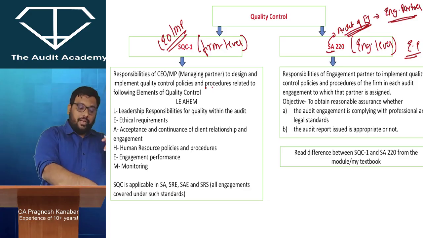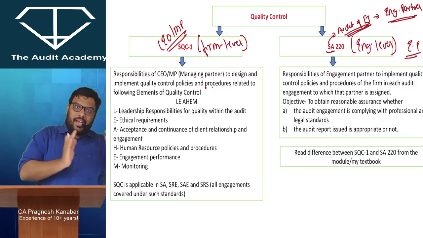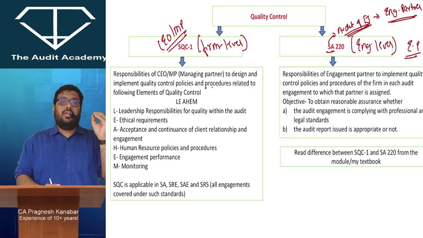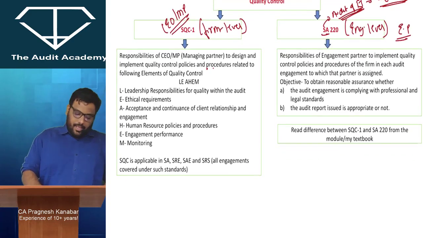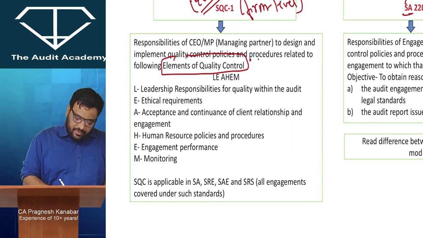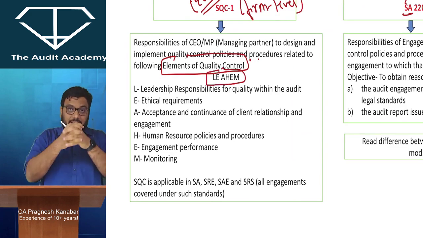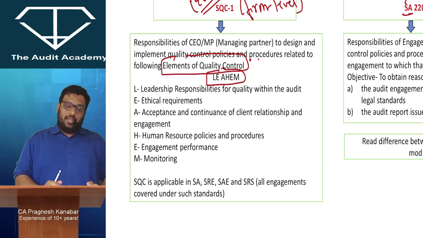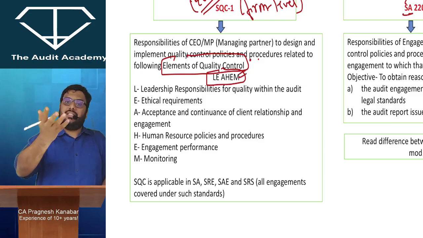All right. Now, how are you going to move ahead in this discussion? If you hear me for about the next 120 seconds, the task is going to be very simple for you in this chapter. There are 6 elements of a quality control system. When these 6 elements come together, the firm says, this is our quality control system. Now for these 6 elements, who will design the policies and procedures?